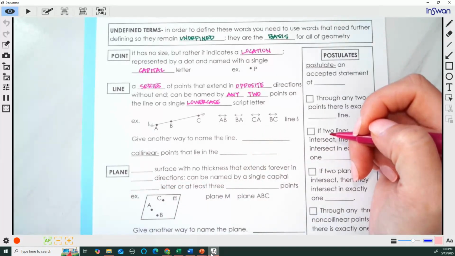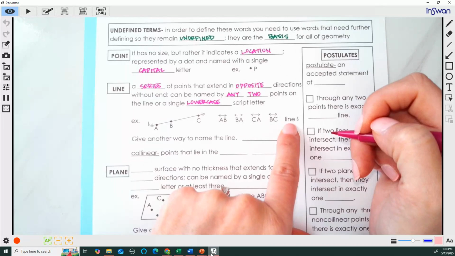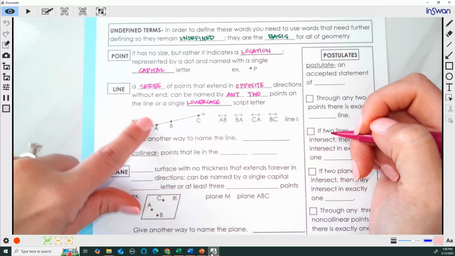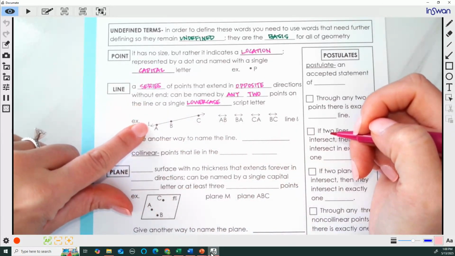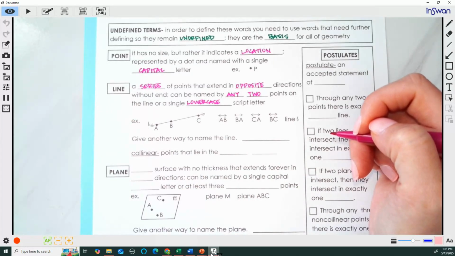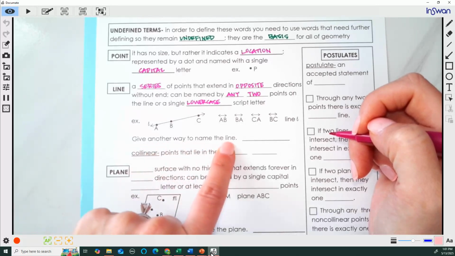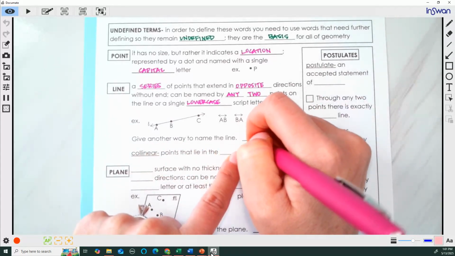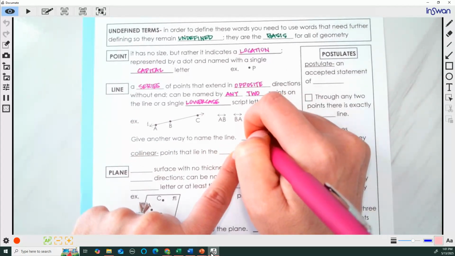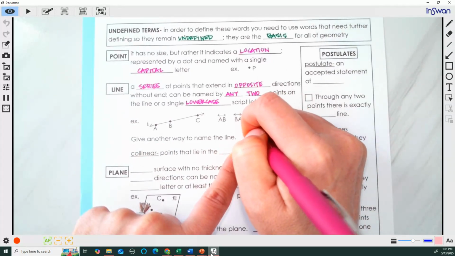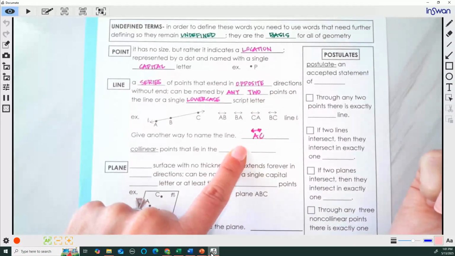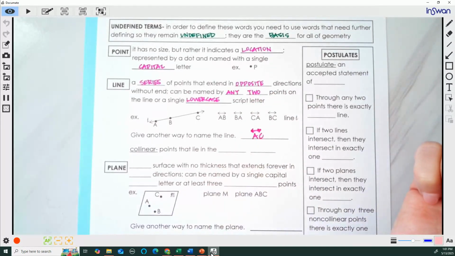You could continue on with AC or BC, or you could say line T, because this line is also named with this little cursive script letter here. And we could name it AC, and we're going to draw the little mini line above it.